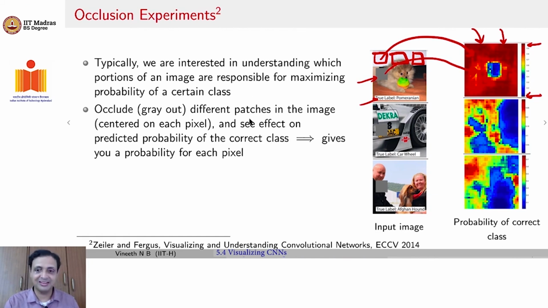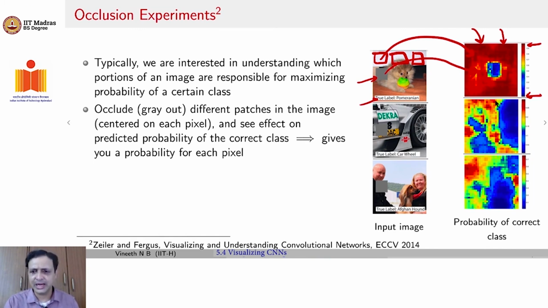This entire discussion came out of Zeiler and Fergus's work on visualizing and understanding convolutional neural networks. It's a good read for you to look at the end of this lecture. They observe that when you place a gray patch on the dog's face, the class label predicted by the CNN is a tennis ball, which is perhaps the object that takes precedence when you cover the dog's face.